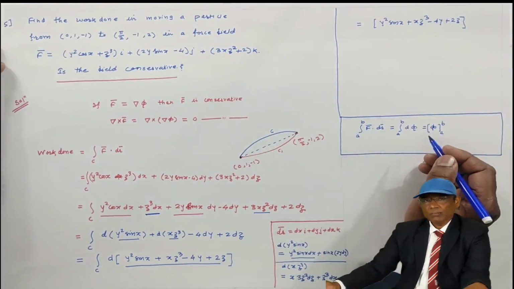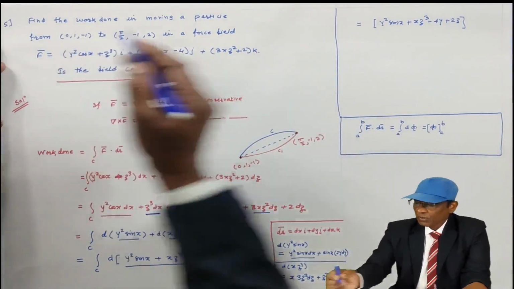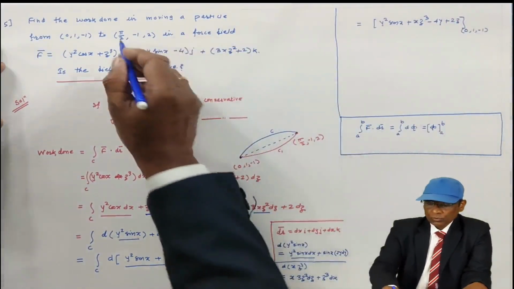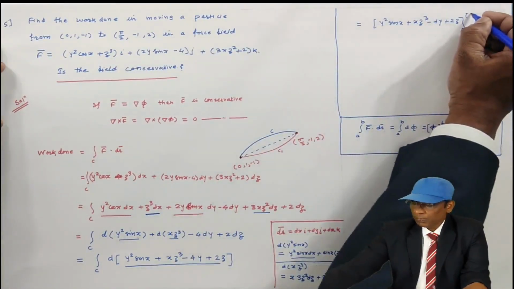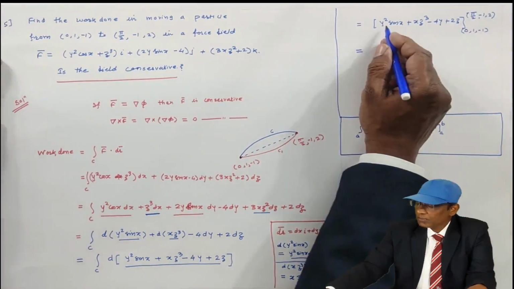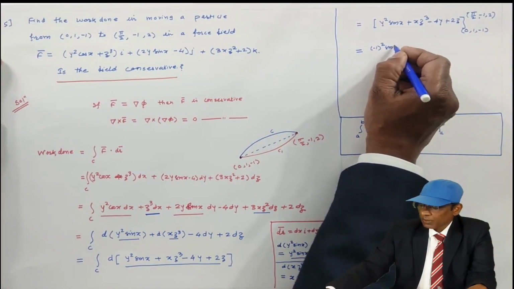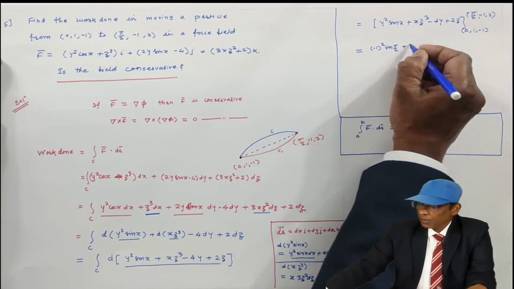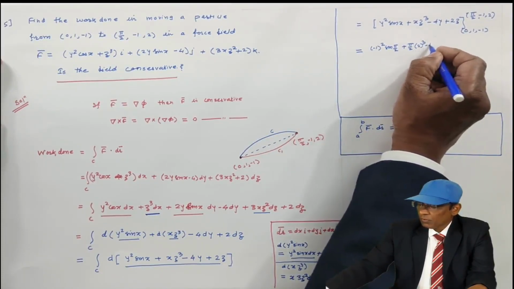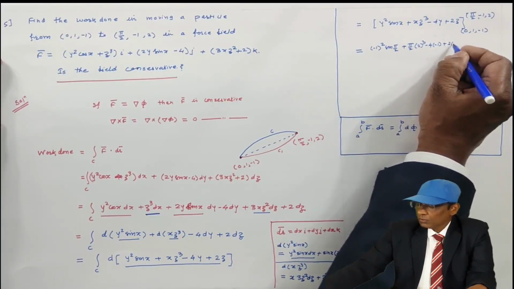The value of this function I am going to evaluate at the given points: (0, 1, minus 1) and (pi by 2, minus 1, 2). At x equal to pi by 2, y square is 1, sin pi by 2 is 1, x is pi by 2, z cube is 2 cube, y is minus 1, z is 2.